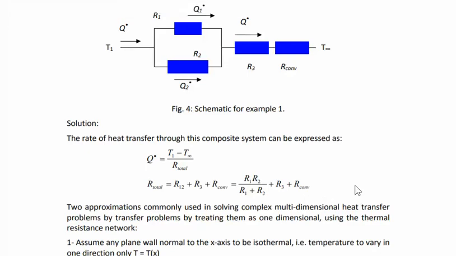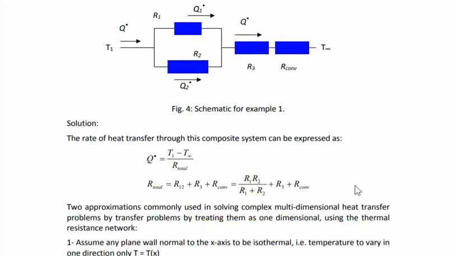Two approximations are commonly used in solving complex multi-dimensional heat transfer problems by treating them as one dimensional using the thermal resistance network.